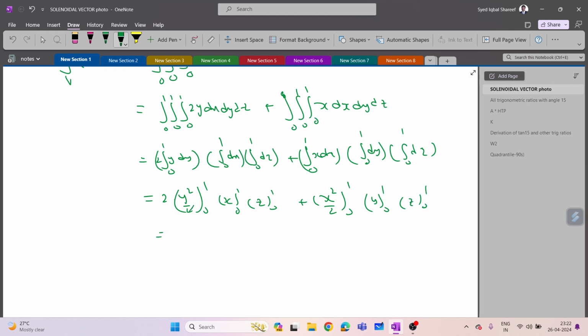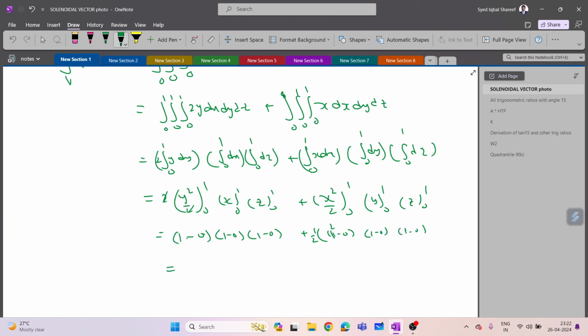The 2 gets cancelled. Y square is 1 square minus 0, so 1 minus 0. The others are also 1 minus 0. For the second term, 1 by 2 is taken common, times 1 square minus 0, times 1 minus 0, times 1 minus 0.